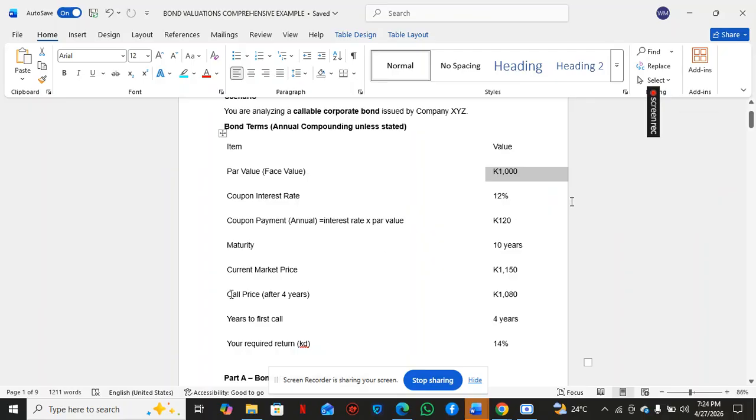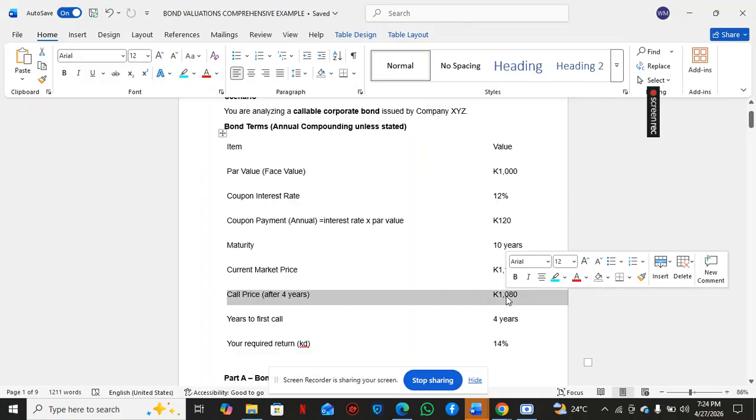Then you've got here what we call the call price after 4 years. When we say a callable bond, it just means a bond that can be redeemed or paid off before it matures. The one who has issued the bond, if it's a government or a company, says this bond matures in 10 years. But after, let's say, 4 years, the company or government who issued the bond can call it off.